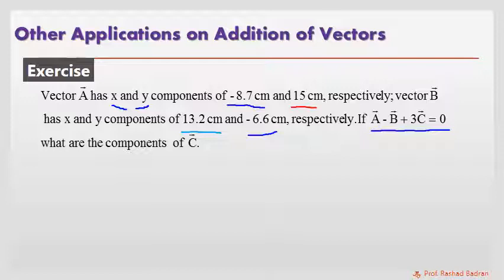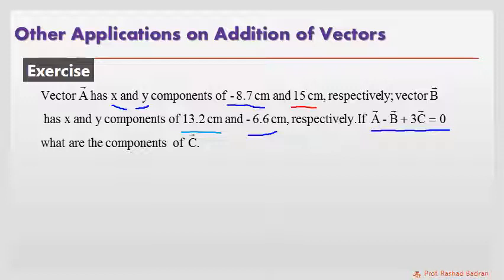Well, we'll give a clue to the students in order to go forward and solve this problem. Write the vector a in terms of its components represented by i hat and j hat. Similarly, write the vector b in terms of i hat and j hat.